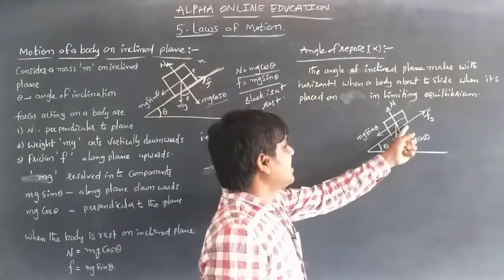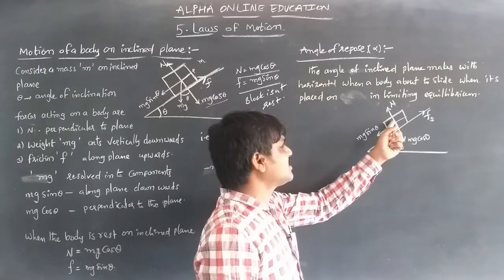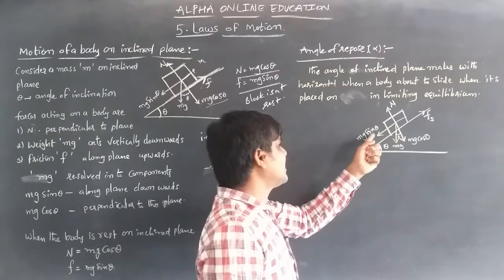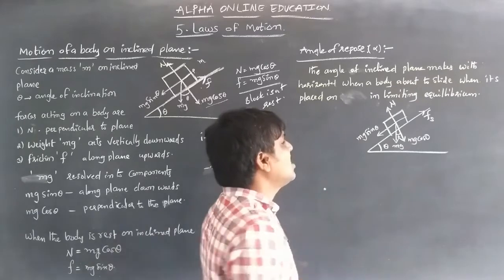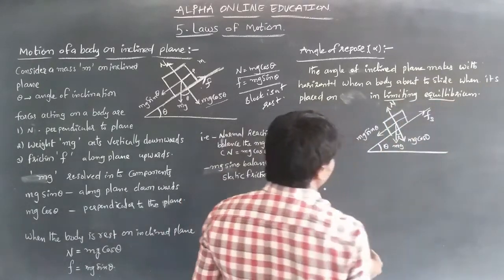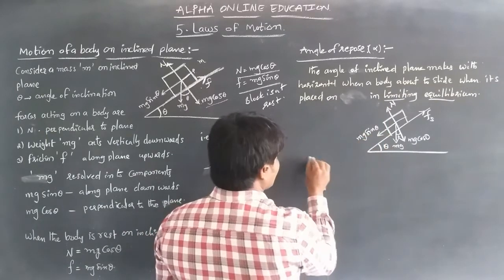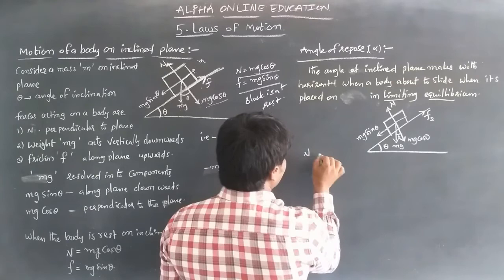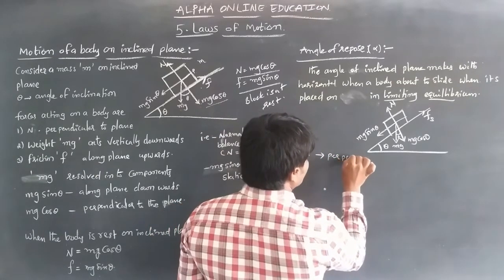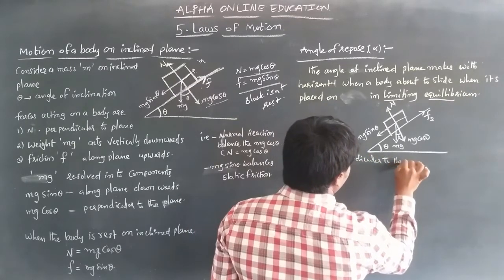When the angle of the inclined plane is increased, the body ready to slide down has a resultant force more in the direction of mg sin theta. Now whenever the body is in limiting equilibrium, three forces act on it. The normal force N acts perpendicular to the plane.